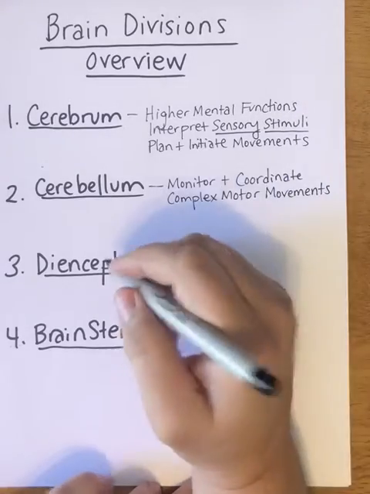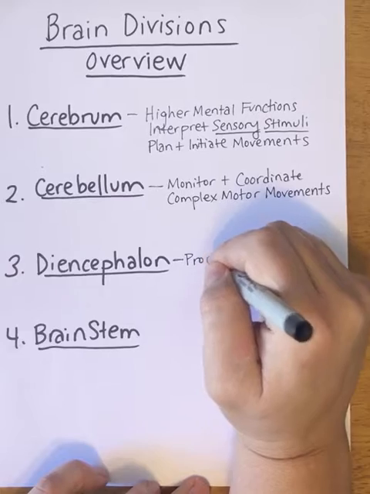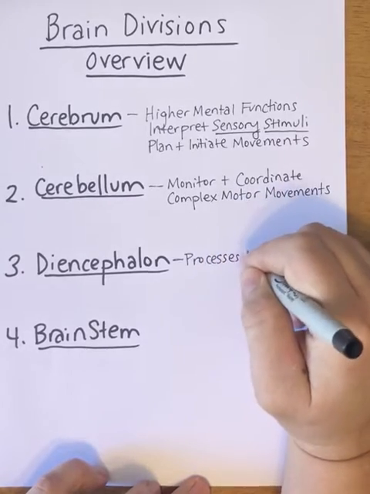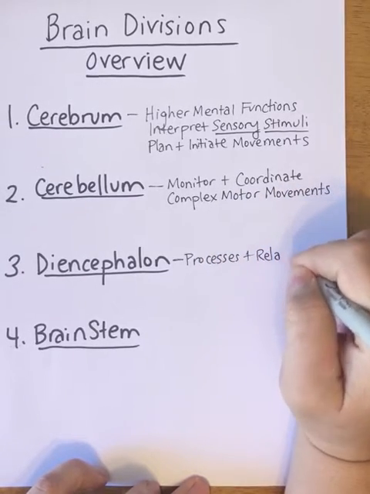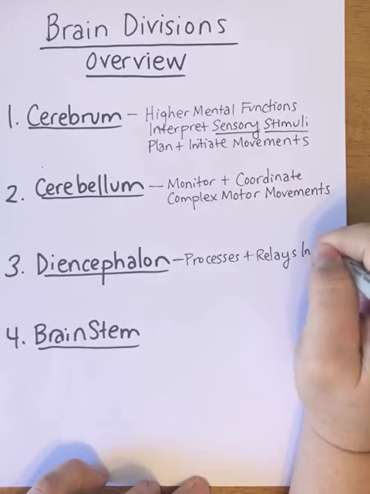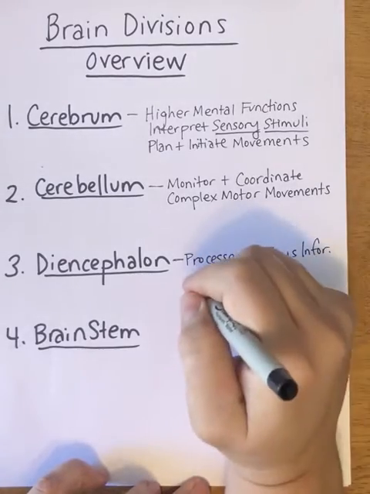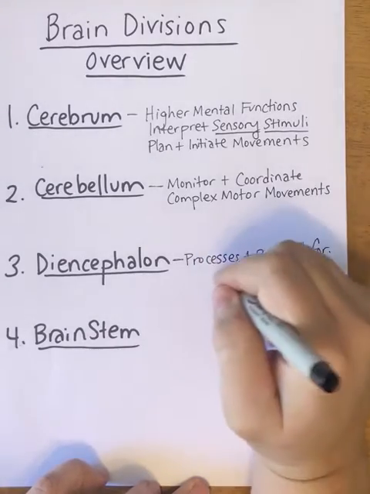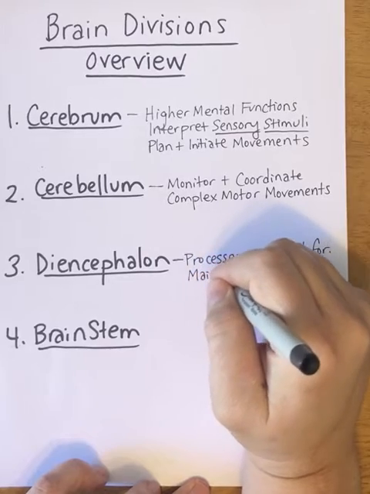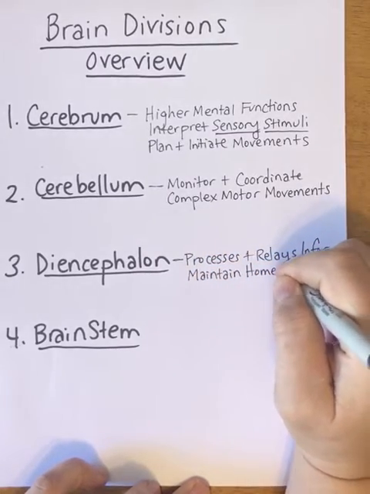Now, your diencephalon is going to be responsible for processing and relaying sensory information. It's also going to maintain homeostasis, which is equilibrium in the body.